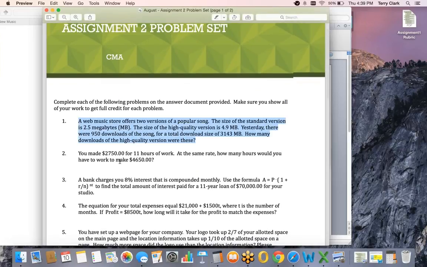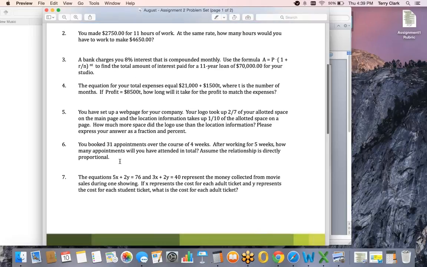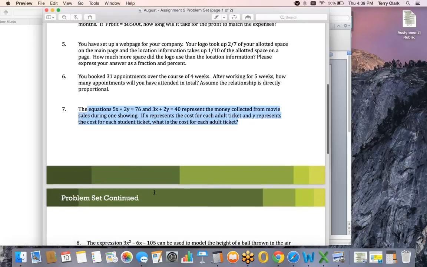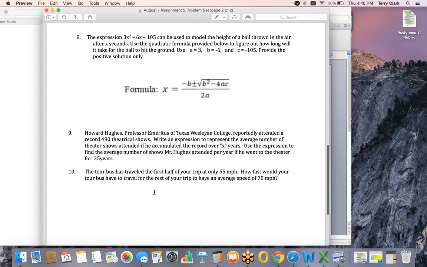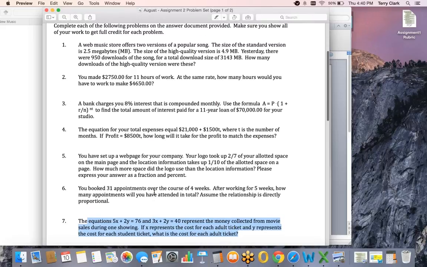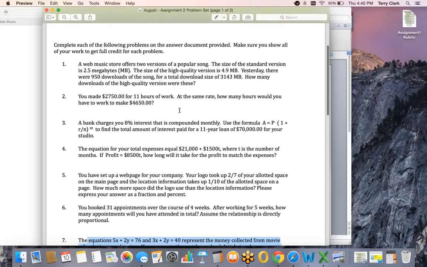So number one is going to be a system. Number seven is going to be a system, because you can see the two equations right there. I think that's it. Number seven, number one, and this one right here.